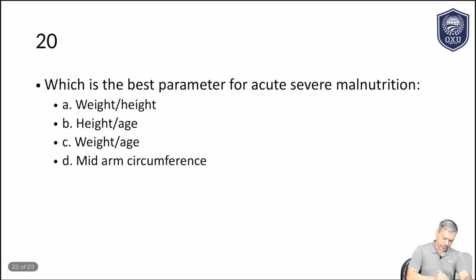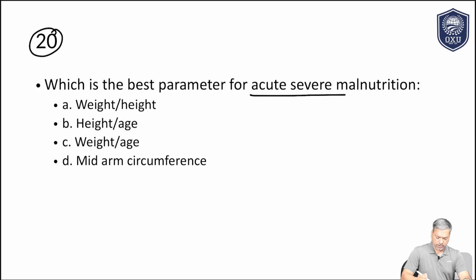Now the last question from pediatrics for this session: which is the best parameter for acute severe malnutrition? If you remember, I already explained this in today's session. This is definitely weight for height, because this is acute severe malnutrition, and weight for age is for chronic malnutrition.